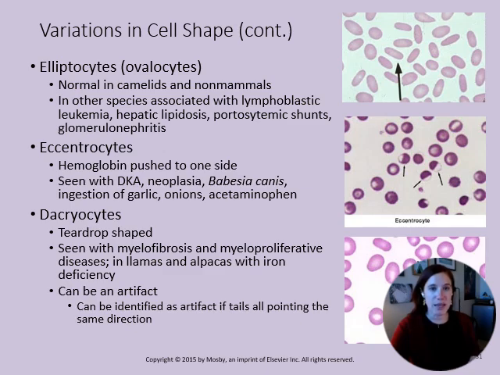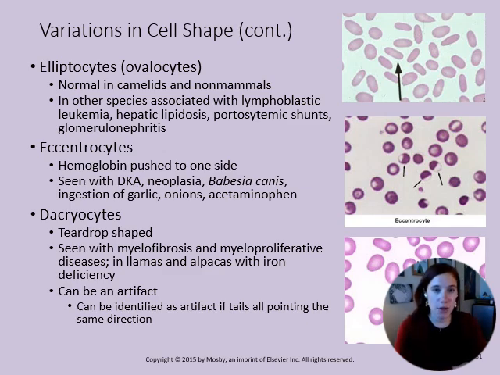Eccentrocytes, we can see hemoglobin pushed to one side. We can see that in patients with DKA, neoplasia, Babesia canis, and ingestion of garlic, onions, and acetaminophen. So garlic and onions can cause anemia. We see these because there's some weird red blood cell interaction going on, and the hemoglobin is pushed to one side.